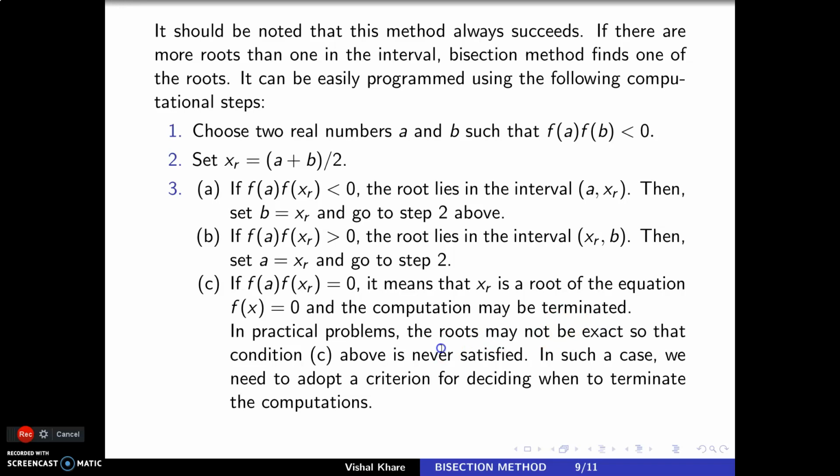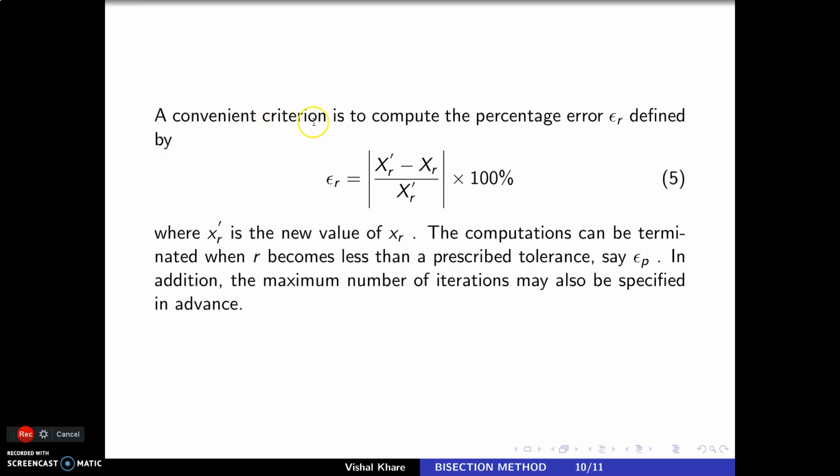In practical problems, the roots may not be exact, so that condition c above is never satisfied. In such a case, we need to adopt a criterion for deciding when to terminate the computation. A convenient criterion is to compute the percentage error EP defined by EP equal to (XR' - XR) / XR' times 100%, where XR' is the new value of XR.